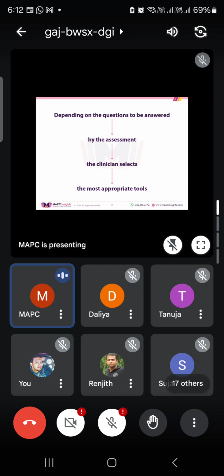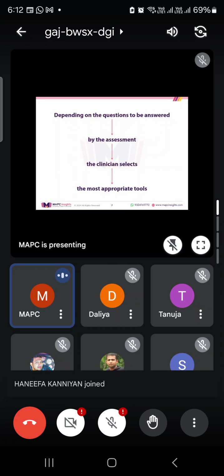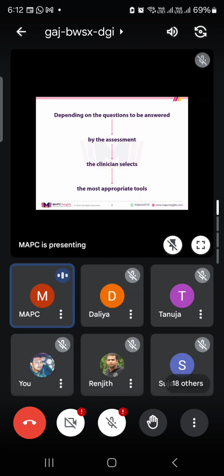There are n number of tools available. So depending on the question to be answered by the assessment, the psychologist selects the most appropriate tool. Like the way a doctor selects the medicine.